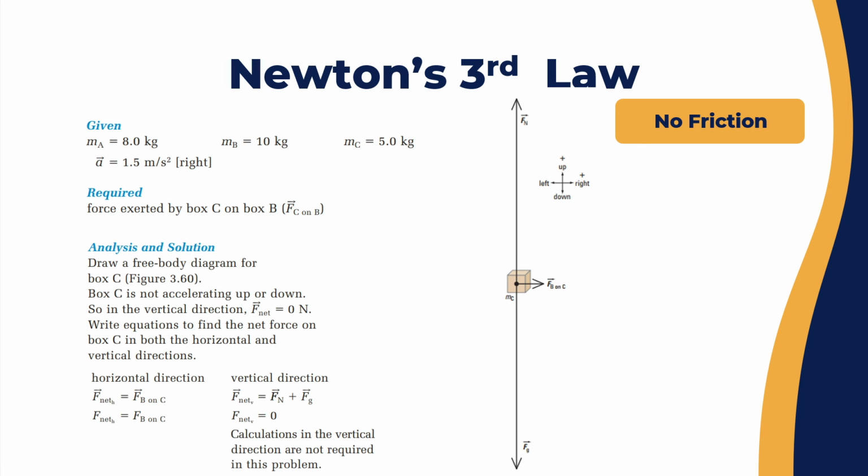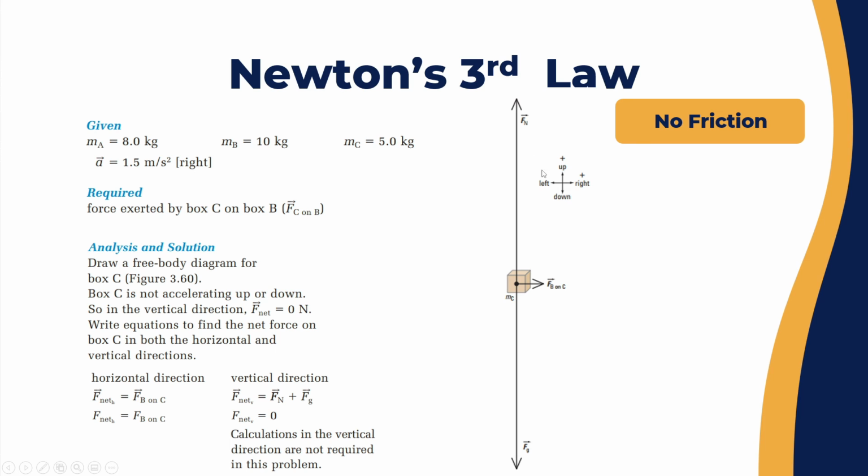The important thing is that you imply what force you're talking about in terms of the other object. As you know, we start with the free body diagram. In this case, we will do the free body diagram not for the whole system, but for box C. The mass of box C is known as 5 kilograms. Then we have a force to the right, F B on C. But we need to know the force F C on B, which is going to the left direction. You have the regular normal force, and you have the gravitational force pulling downward.